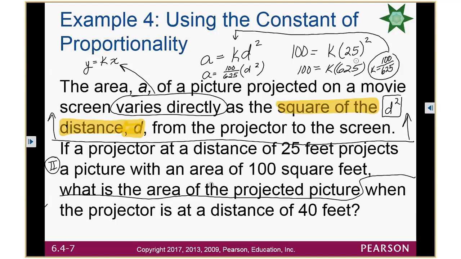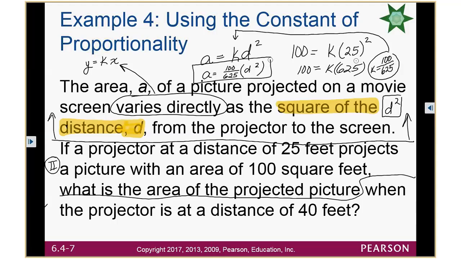Now, like I said, you can change that into a smaller fraction. You can change it into a decimal. I don't care, all right? Because all you're going to do at the end is take this 40 feet and plug it in where? Right here, and calculate it with a calculator. So go ahead and do that, because that's part 3. That's the third type question. After you find K and plug it back into the original equation, you do what?